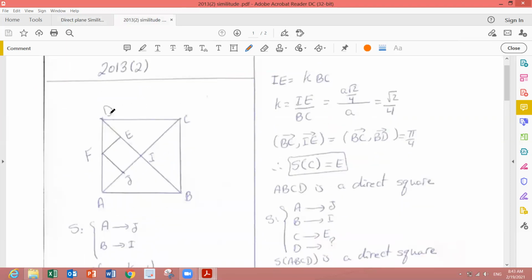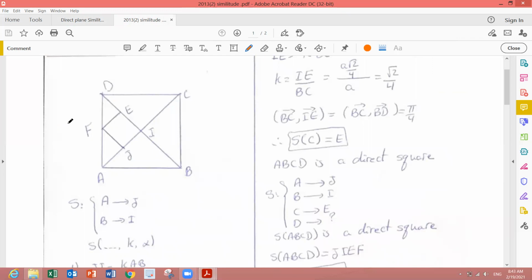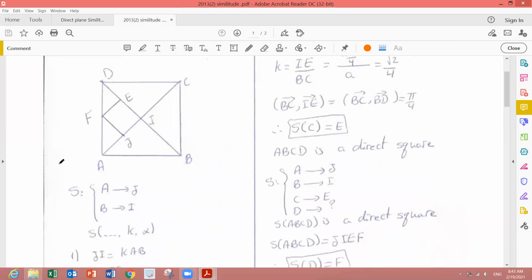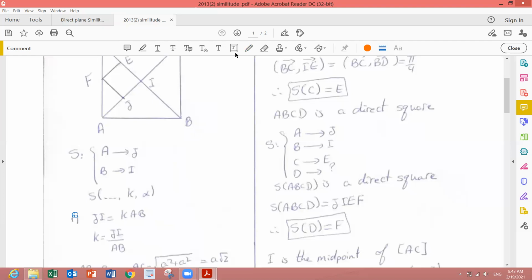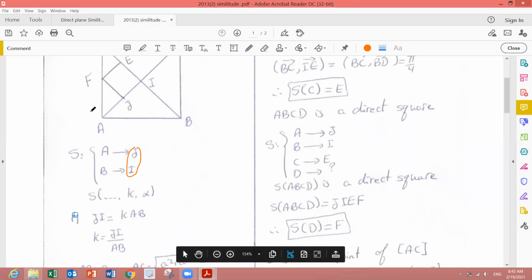So after drawing the figure, to calculate the ratio, we start with the images: JI equals K AB, then K equals JI over AB. Now, we don't have the length of AB, neither the length of JI.